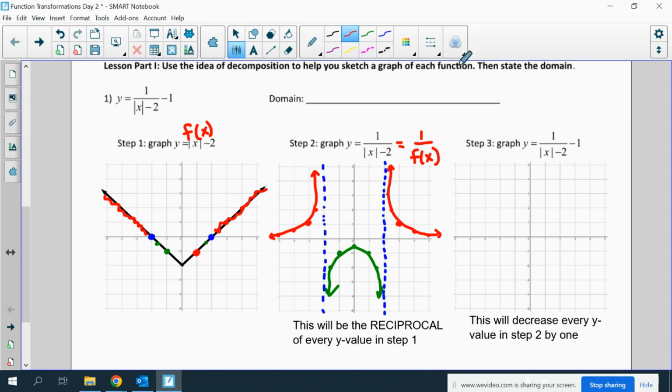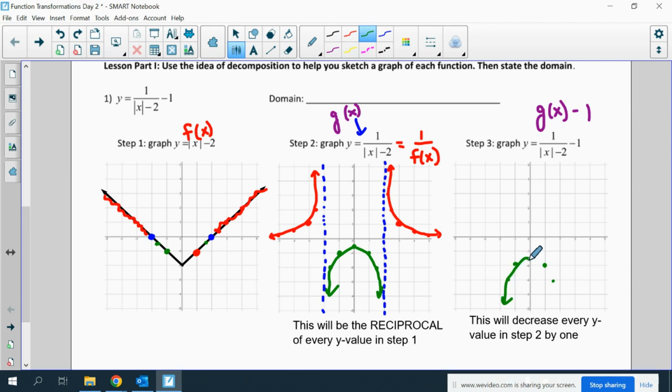Then finally, I'm going to take step 3, which is graphing the exact same function. So if I call this function g of x, what I'm going to do is take g of x and subtract 1. So all that's going to do is decrease every y value in step 2 by 1. So all of these things are going to just get subtracted by 1 in terms of their y values.